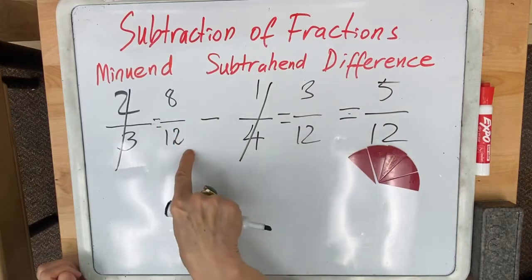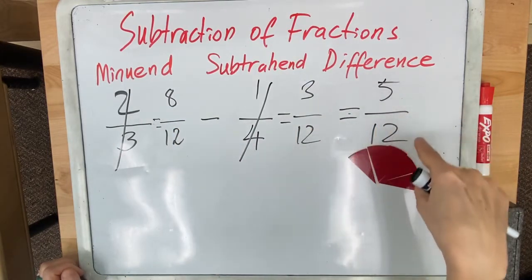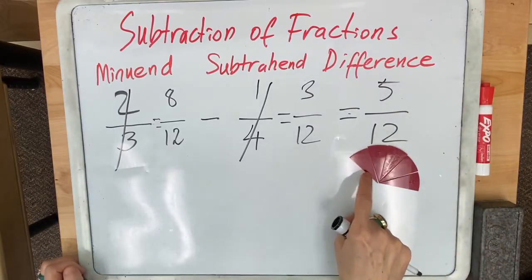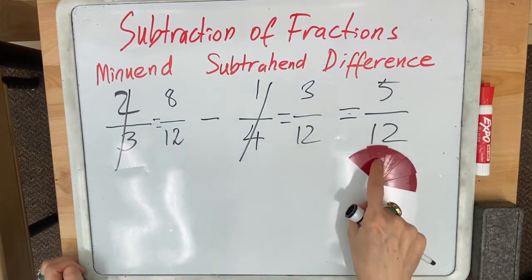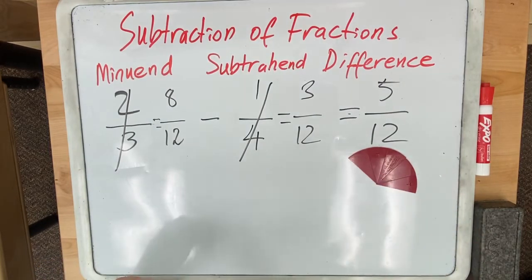So 8 12ths take away 3 12ths is equal to 5 12ths. And here I have the fraction to show. Seeing is believing. 5 12ths.